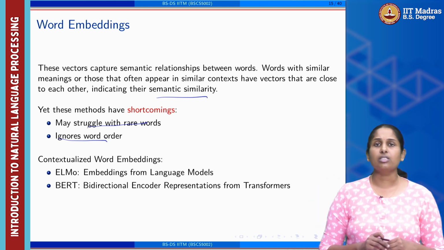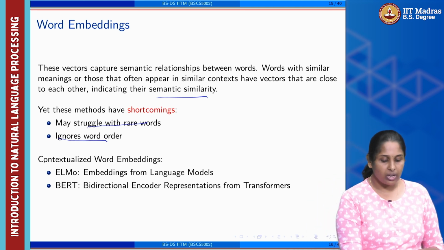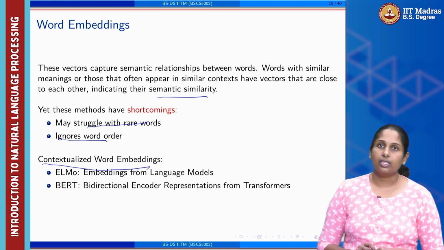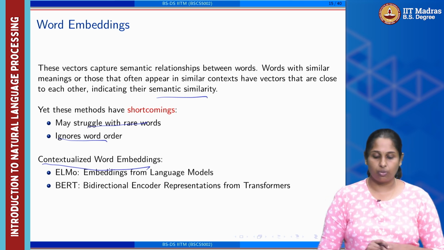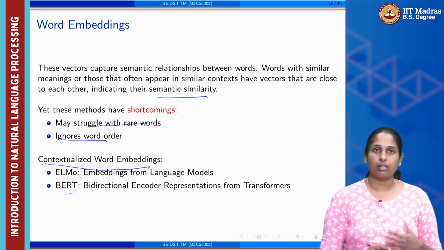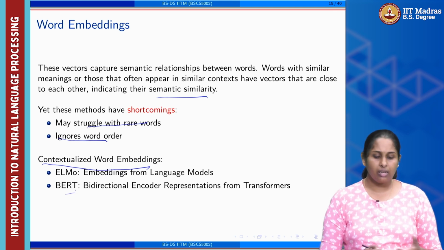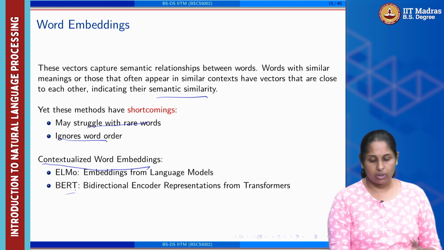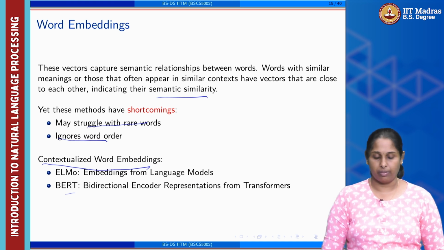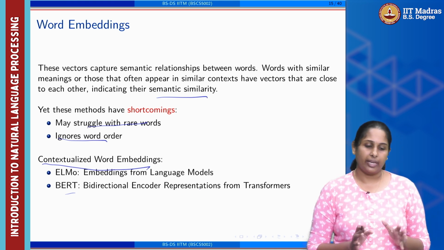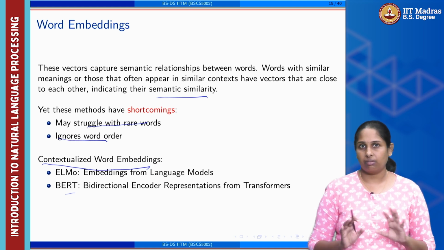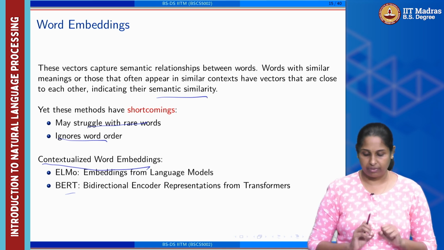So in such cases, we have to go for contextualized word embeddings, something called ELMo, which is used for embeddings from language models, and BERT is a language model. Again, it uses bidirectional encoder representations. It's a transformer model. So these contextual word embeddings help us identify the word order information very effectively.